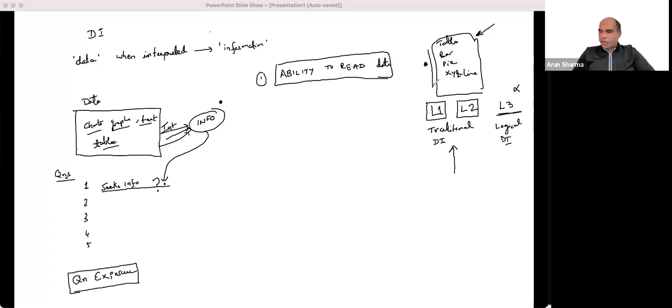Since I've talked about traditional DI and logical DI, a traditional DI set is basically built on static data. There might be mild logic in it. Sometimes there'll definitely be some logic in it, but the logic is mild.